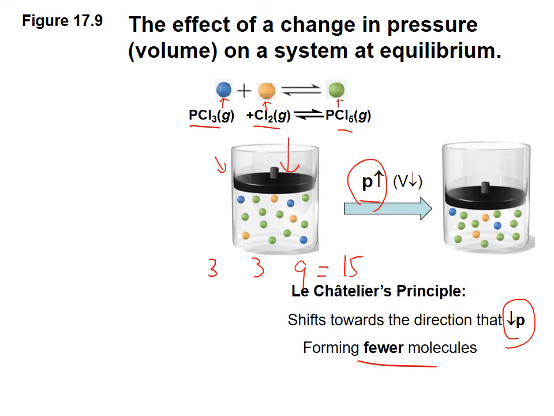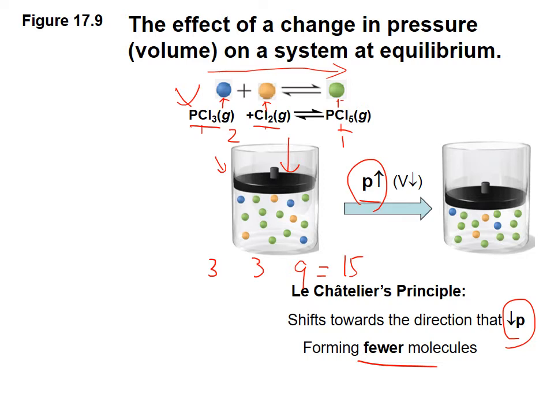If we go back to the reaction, 1 molecule of phosphorus trichloride plus 1 chlorine forms 1 phosphorus pentachloride. So if the reaction goes forward, the reactants total 2 molecules. It forms 1 molecule, so 2 becomes 1.